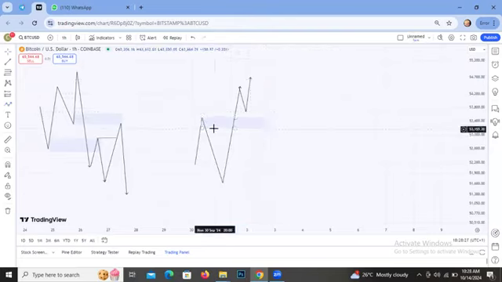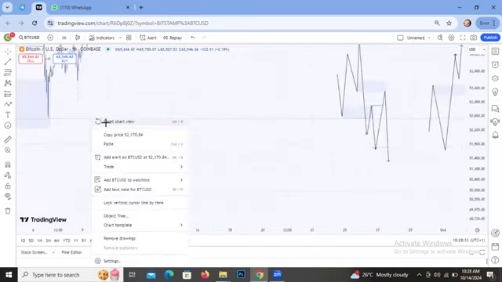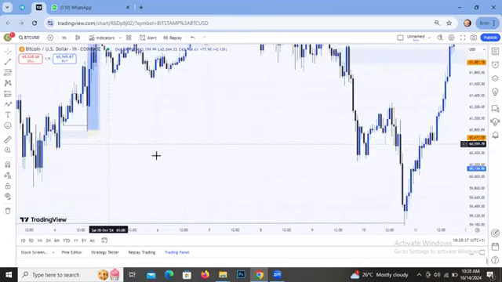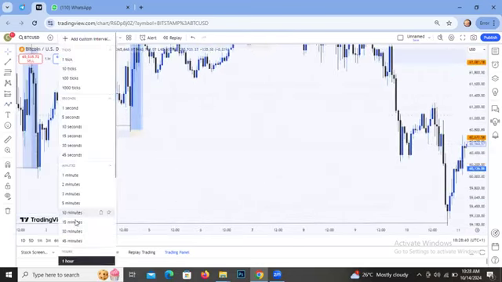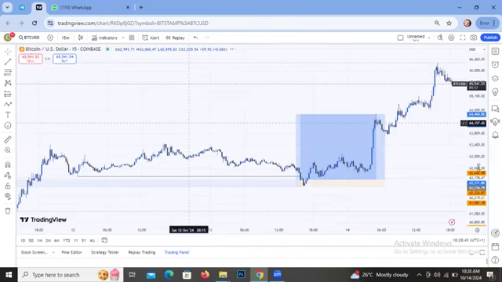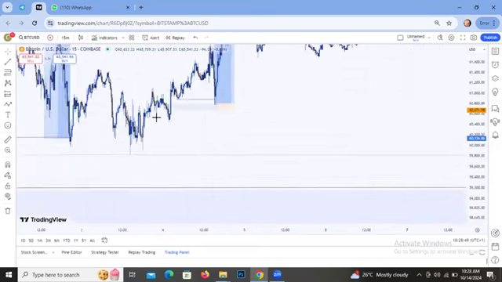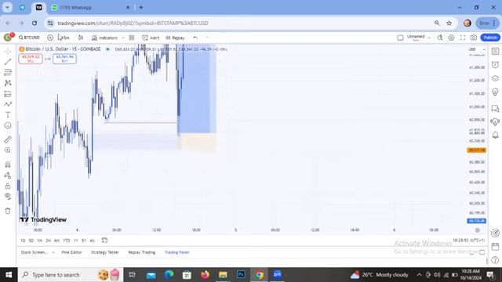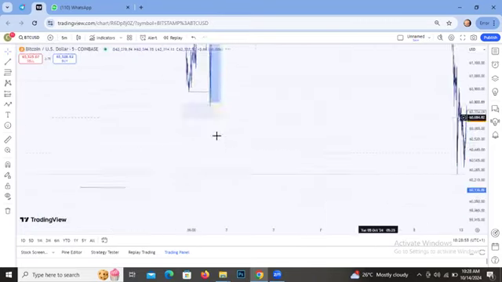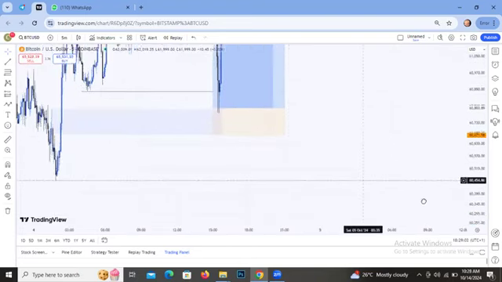So that's just it. Let me show you an example for this pattern. On BTC, I took that trade from here. Now pay attentively.